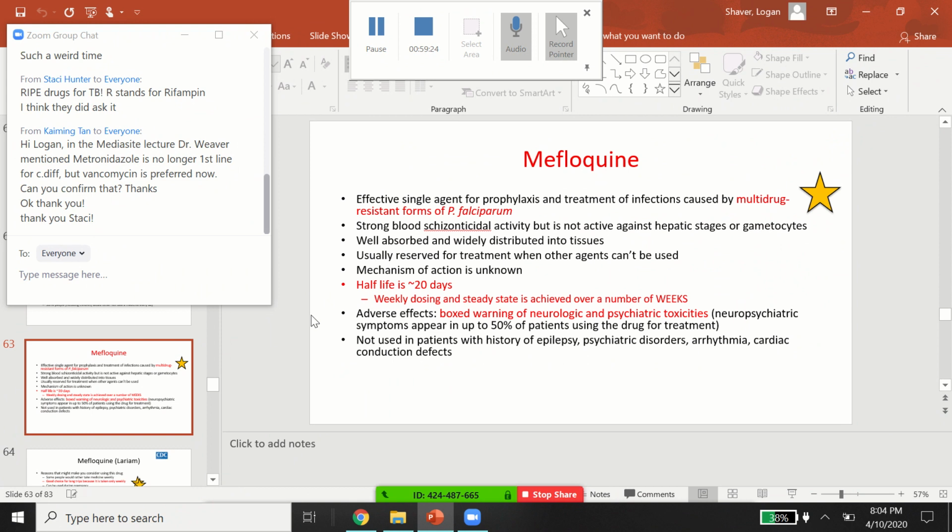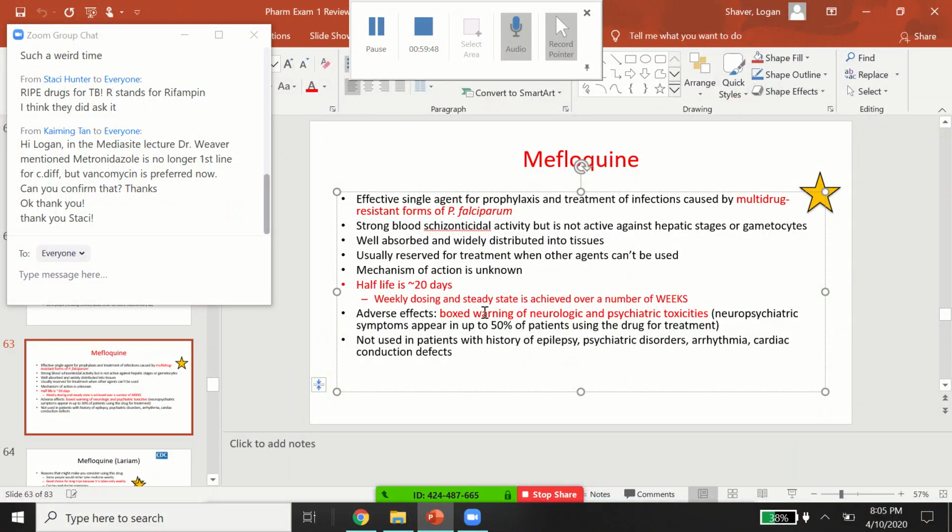Then mefloquine. So that's used for the multi-drug resistant forms of P. falciparum. So if you notice, the only one that we've talked about so far that's actually effective toward falciparum is mefloquine. So just keep that in your mind.